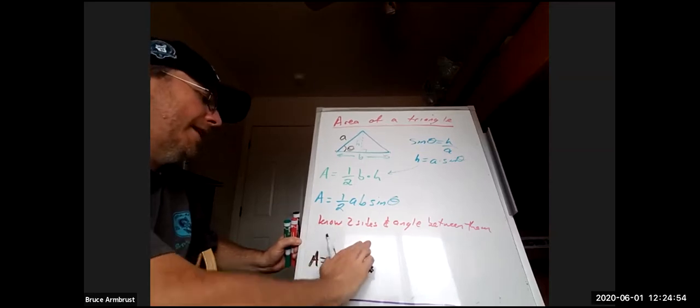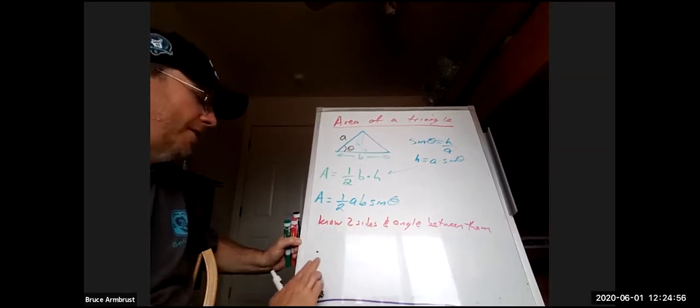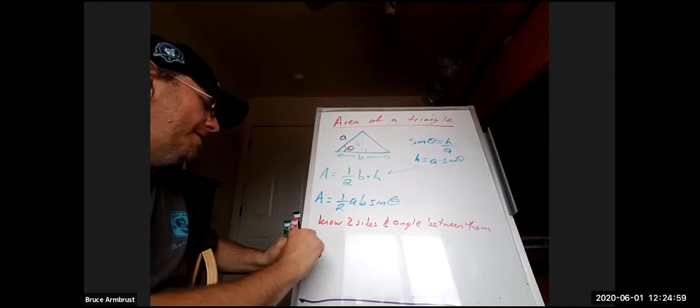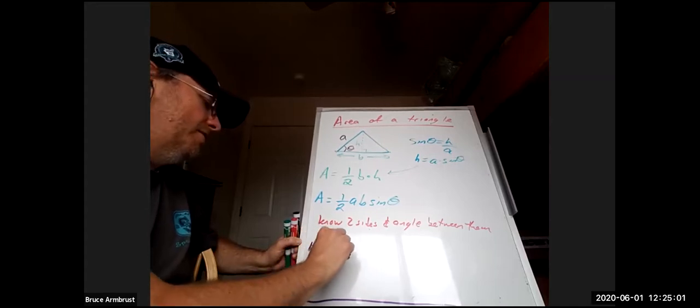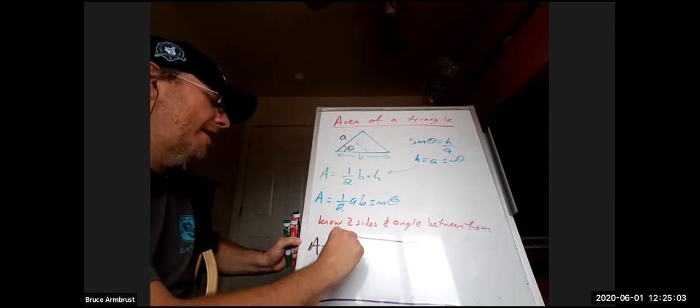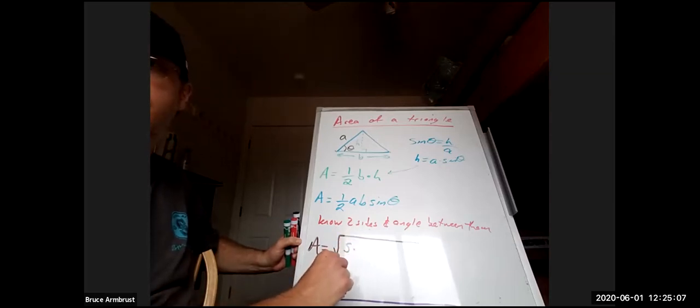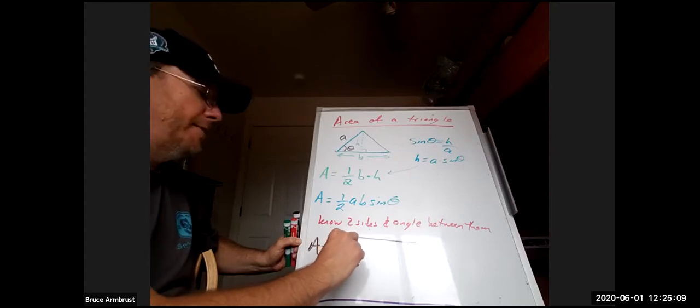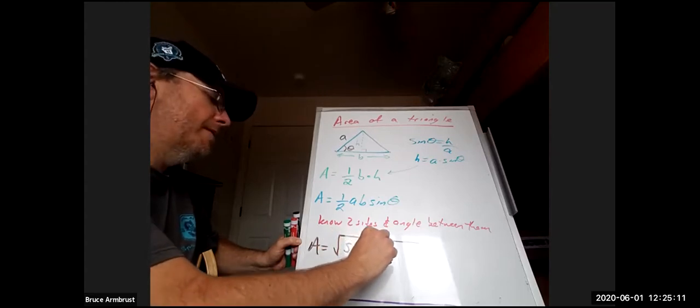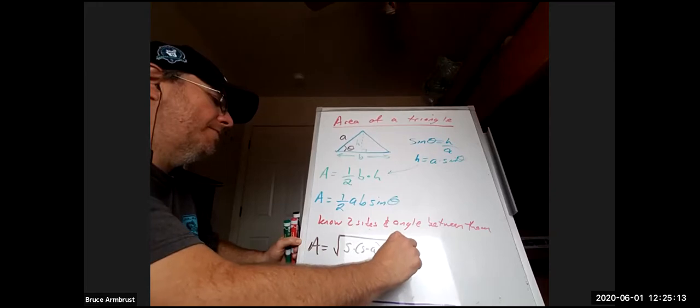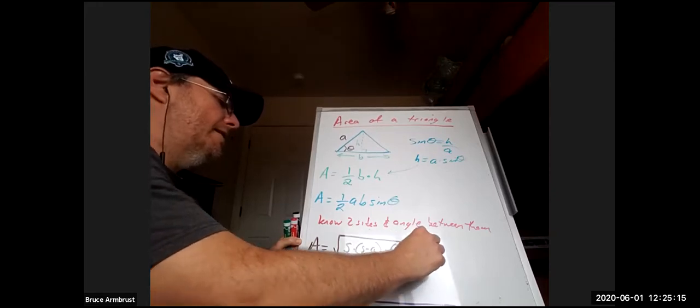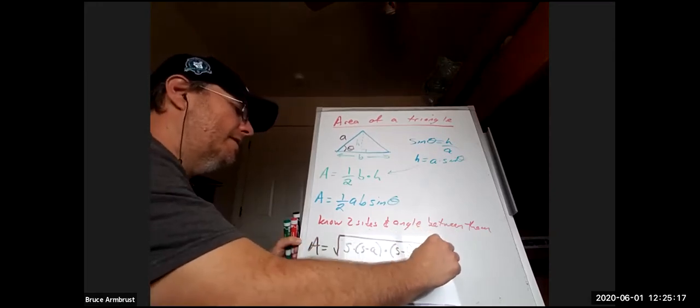I'm going to have to explain something, so just sort of go along for the ride right now. It's going to be the square root of s times s minus a times s minus b times s minus c.